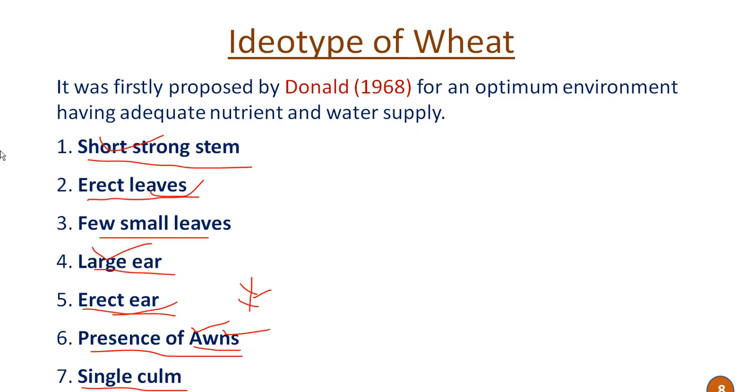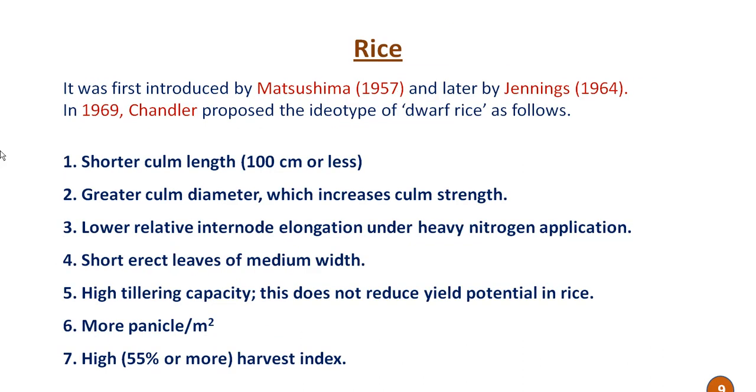Non-tillering mutants are available in different crops, and monoculm lines have been developed in wheat. So single culm means a single above-ground stem of the wheat, and when there is a single culm, the wheat performs better. So these are the different traits or features of the wheat ideotype according to Donald.